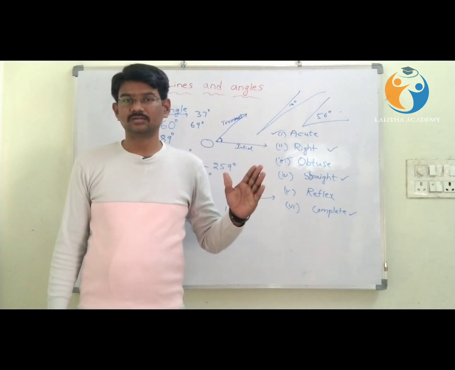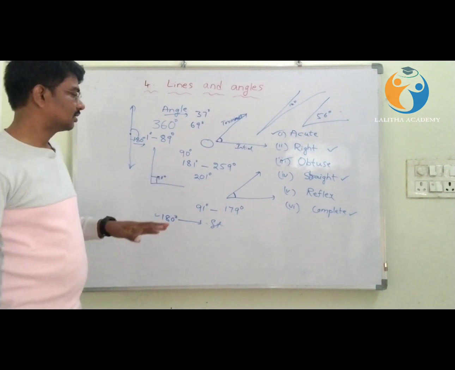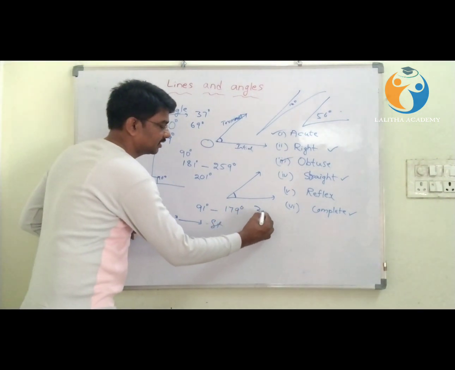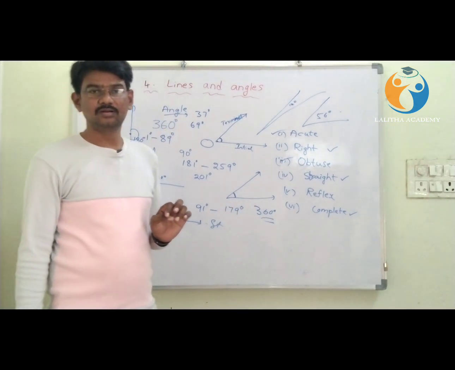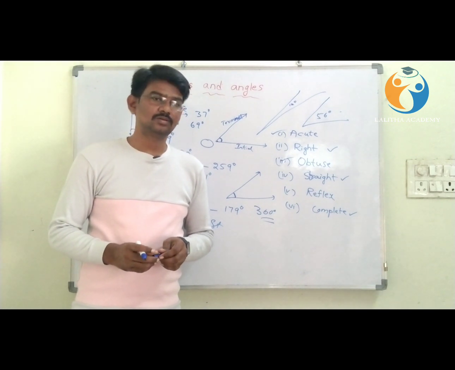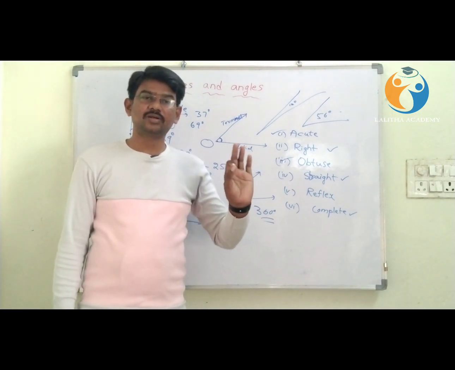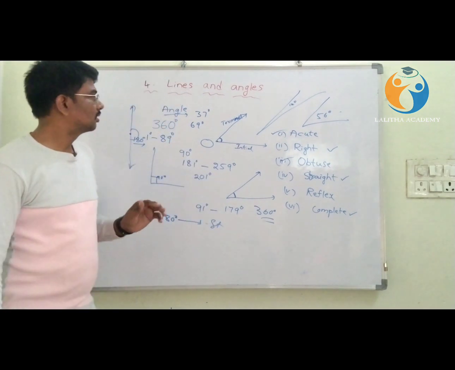All these are called reflex angles. If it is 360 degrees, it is called a complete angle. One full rotation value is a complete angle. Okay?